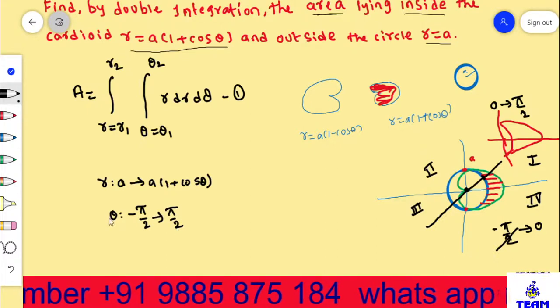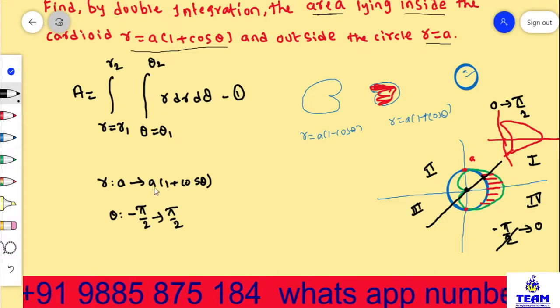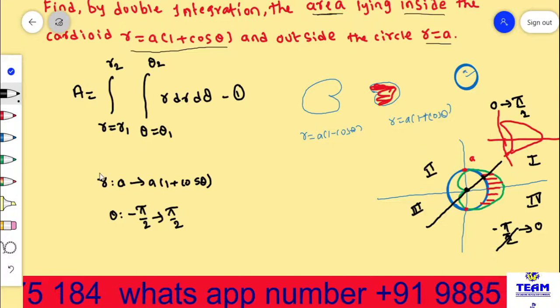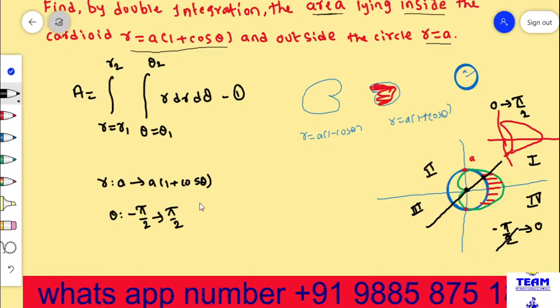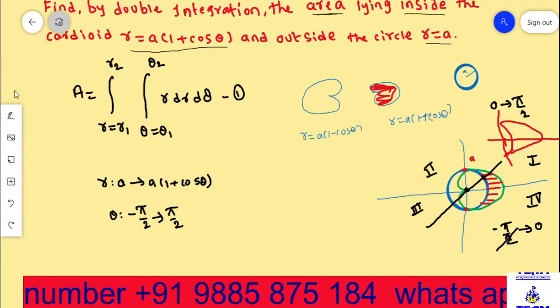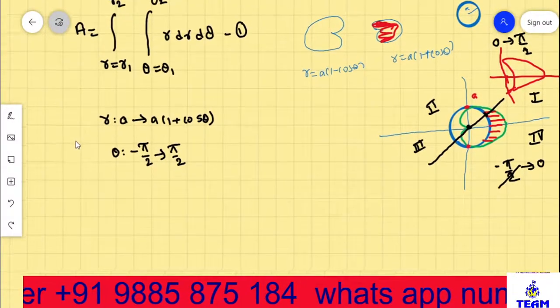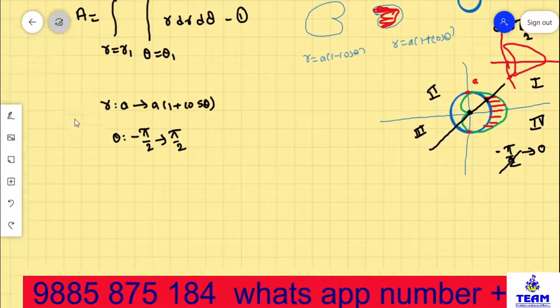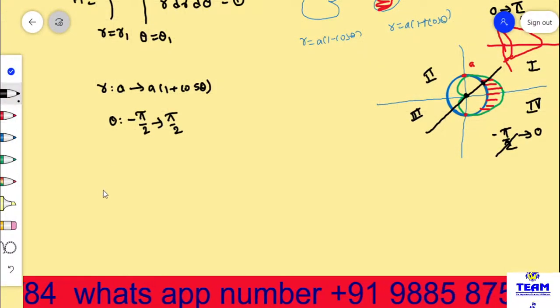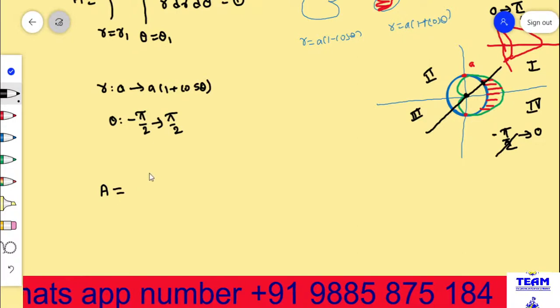Right. Now we have to substitute limits in this area formula. Friends, if you have done these limits, you may get one more mark. Now I am substituting: A is equal to the double integral.